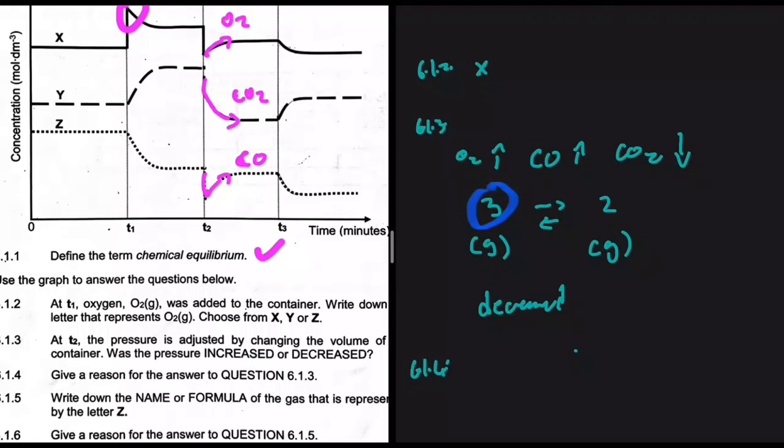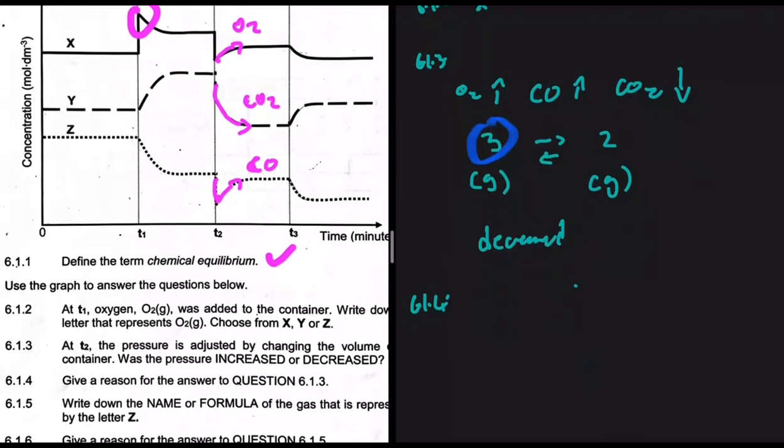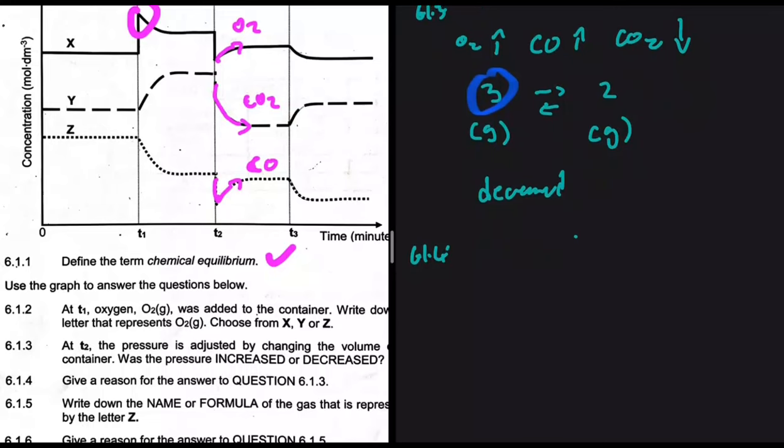So that is the answer to 6.1.3 and 6.1.4, right? They look like they all go down momentarily, but you have to see beyond that and see that O2 ended up going up, CO ended up going up, and it is CO2 that goes down ultimately. So reverse reaction has to be favored. Pressure has to have been decreased because reverse reaction leads to more number of moles of gas, hence increase in the pressure.